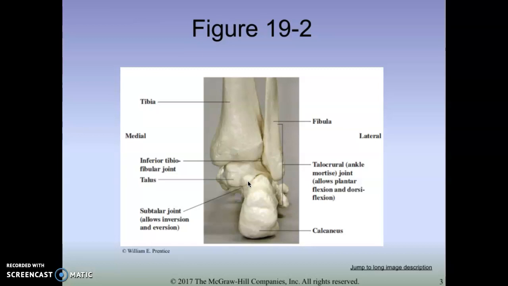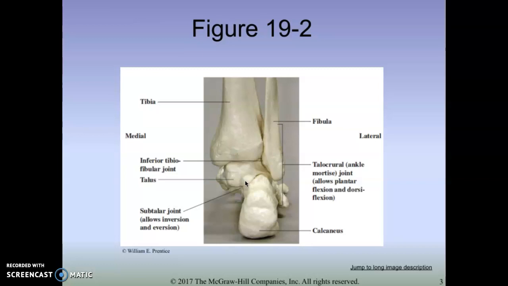Something we know about ankle injuries: it's much easier to injure your ankle when you're in plantar flexion, and the reason is because of this mortise. When you plantar flex, the talus drops out of that mortise, and now it doesn't have that bony stability. So many ankle injuries occur in plantar flexion, specifically plantar flexion and inversion, which is when you turn your toes inward toward your midline.